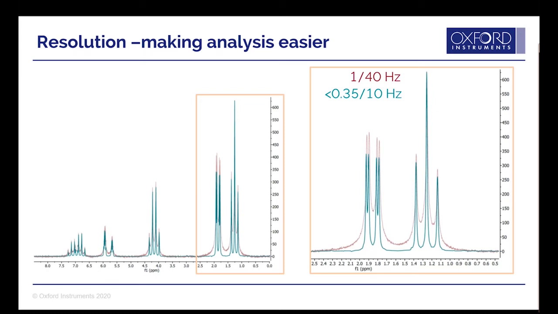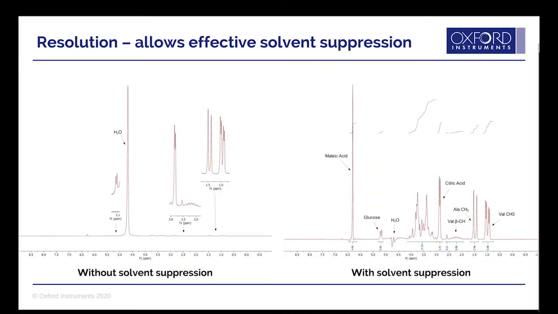That resolution also allows you to do other things. One of those is very, very effective solvent suppression. Here we have a whole set of different metabolites in water, and you can see if you don't use solvent suppression, you essentially have a very, very large water peak, and all the signal that you are collecting from those metabolites is at very low levels and quite difficult to distinguish.